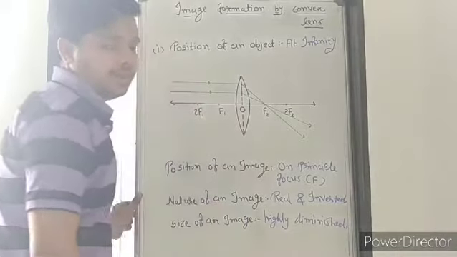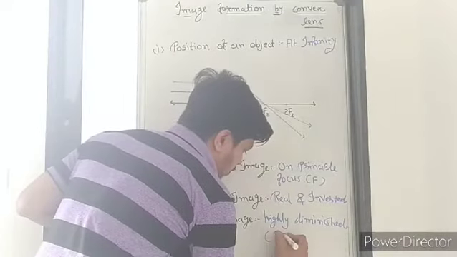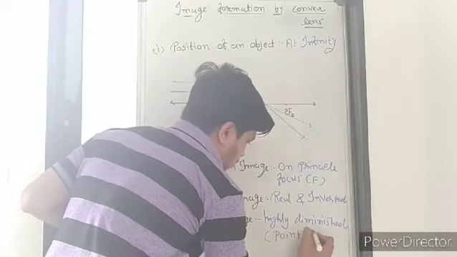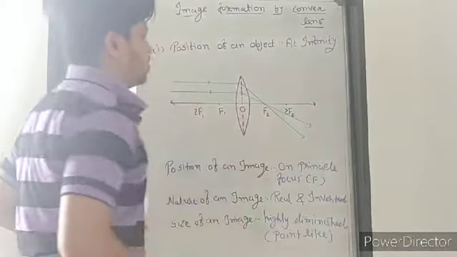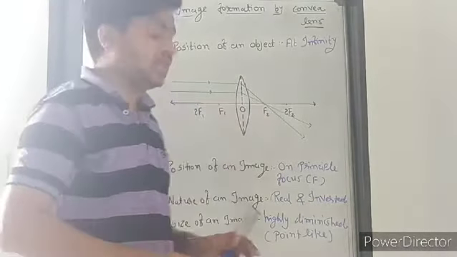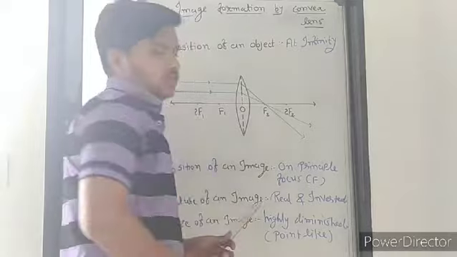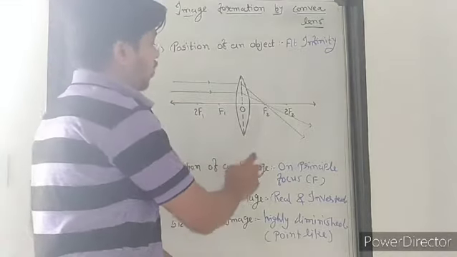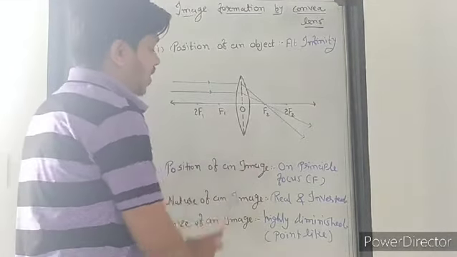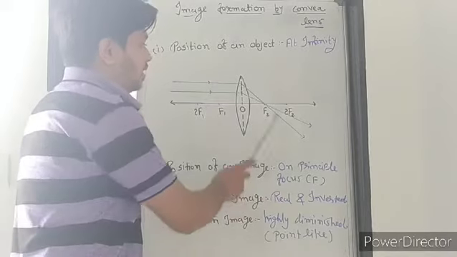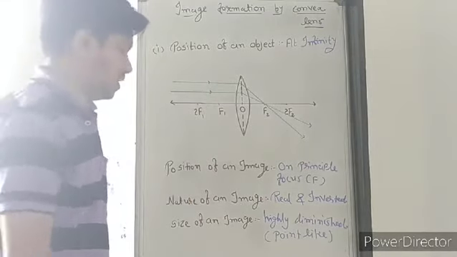It is highly diminished, or you can say a point-like image. The image is just like a point, as we have seen in a concave mirror also, right? So this image is formed at F2, and it is real, inverted, and highly diminished.